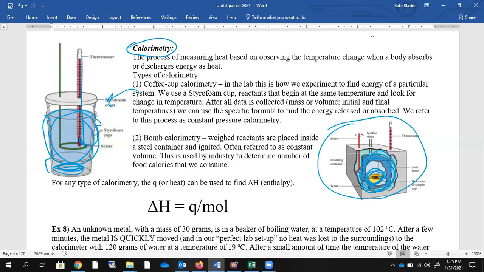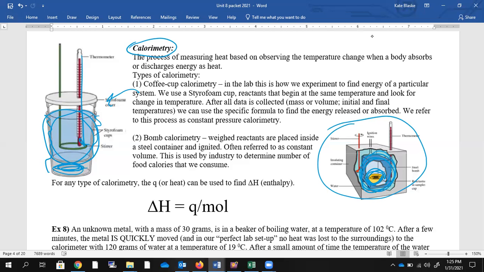When you look on the back of food products and it says how many calories something has in it, this is how they figured that out. They took that chip or that chicken or whatever food substance and burned it and figured out how much energy is inherent inside of all of those bonds of all the ingredients in your food.